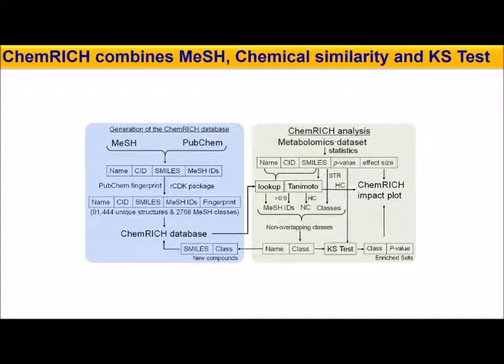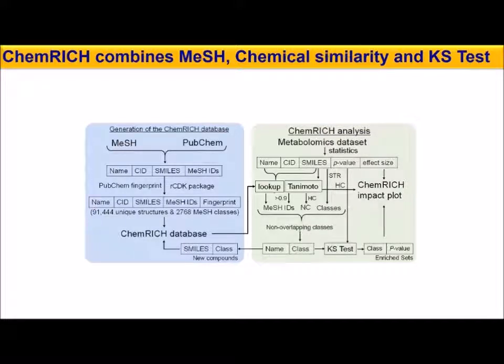For a metabolomics dataset, first we do a lookup search for metabolite name, CID, and SMILES code. If they are already in the ChemRICH database, we will retrieve their MeSH annotations.